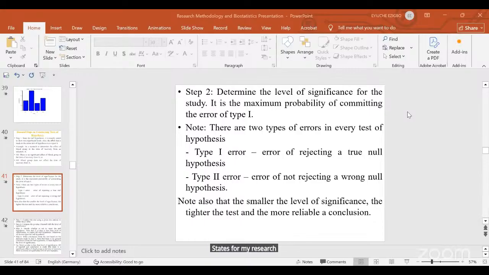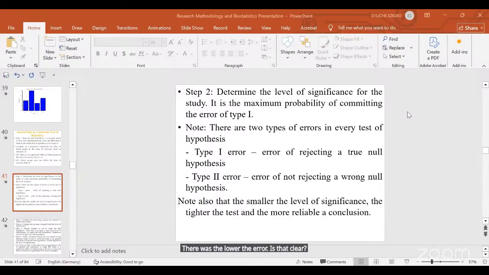And it is always that the higher the margin of precision, which is the higher the level of significance, the higher the error that may be introduced in the findings, and the lower the margin of precision, the what? The lower the error. Is that clear?